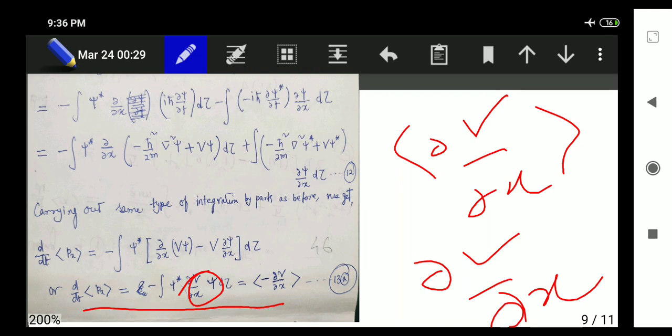The minus is outside, so you can put it here. So the rate of change of momentum is equal to minus grad of potential, which is the case in our classical physics as well, the mechanics which you have already studied in high secondary or in the first sem or second sem.